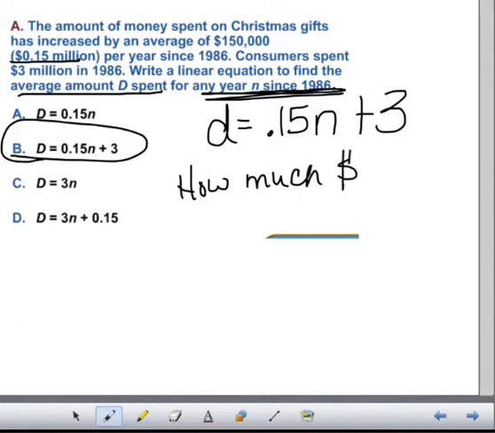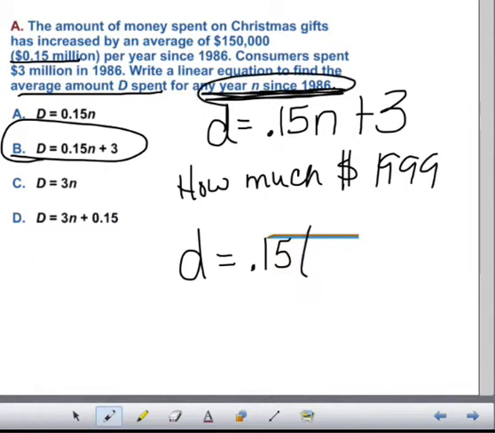Now, what if I ask you how much money was spent in 1999? Well, let's plug it in. D is equal to 0.15 times, all right, N is what? The number of years since 1986. So if I'm in 1999 minus 1986, that's what? 13 years.